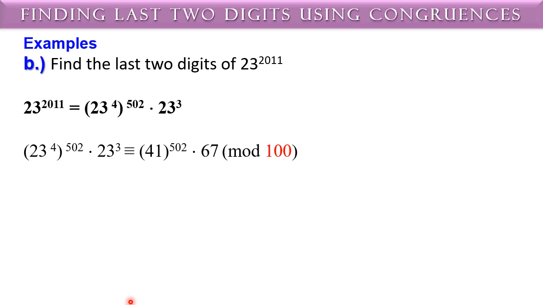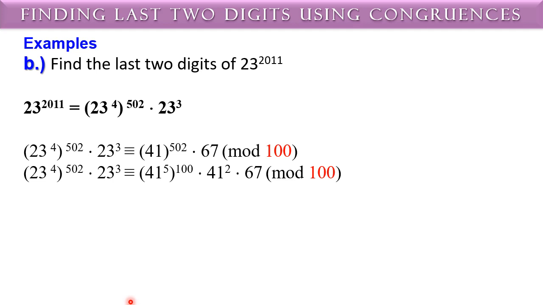Rewriting 41 raised to 502, we will have 23 raised to 4 raised to 502 times 23 raised to 3 is congruent to 41 raised to 5 raised to 100 times 41 squared times 67 modulo 100.